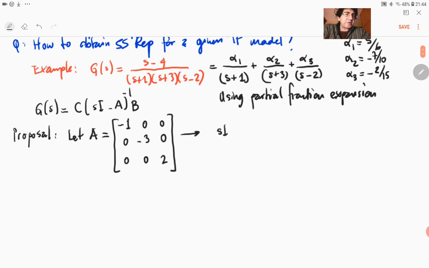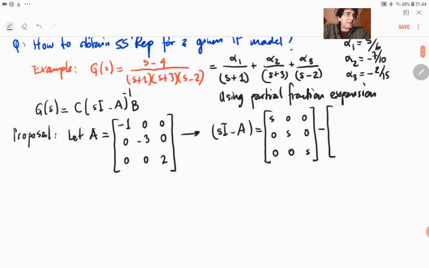Let's first calculate sI minus A. That's going to also be a diagonal matrix, because we have the sI matrix minus the A matrix, as per our proposal.